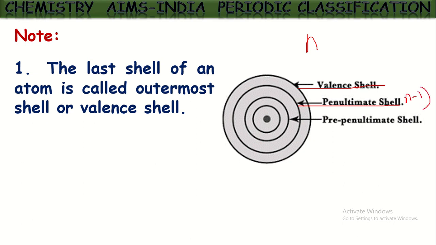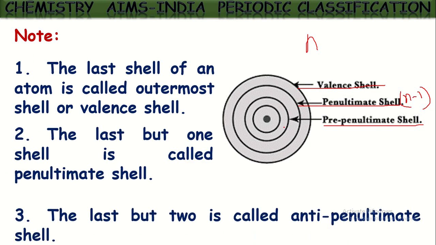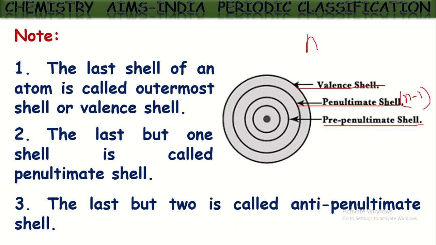In those configurations we have used this term n minus 1. That represents the penultimate shell, the last but one shell from outside. And the last but two shell is called the anti-penultimate shell, or pre-penultimate. This we have represented as n minus 2.